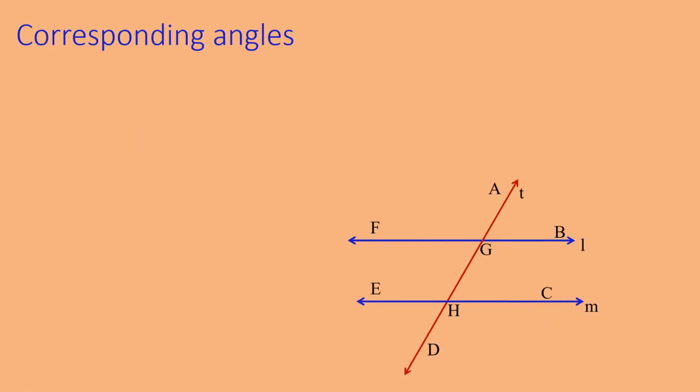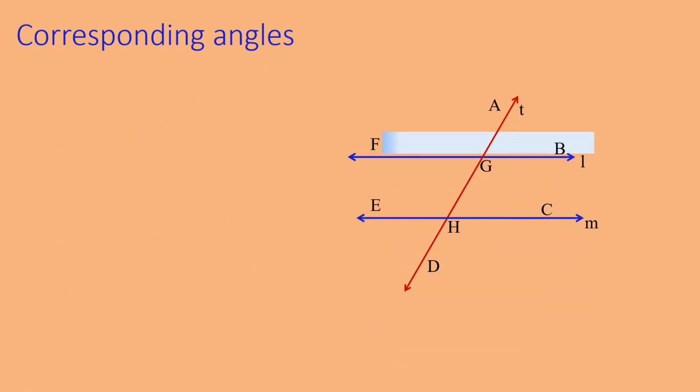Let us see one more pair. See here, in the previous one we kept the rectangular shade below the lines L and M. Now we are keeping it above the lines L and M, as you see. Again we will take a vertical shade. First we will keep it on the right side of the transversal. Again you can find the common portion of both the rectangles, which can be indicated by these two angles.